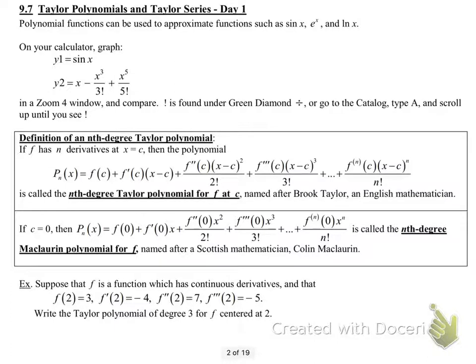Okay, so I really like Taylor polynomials and Taylor series. This is actually what your calculator is doing when it does things like try to figure out the roots or zeros or the max or the min, or it's actually how it graphs the sine function. It's using these approximations using Taylor polynomials to figure out how to graph it.